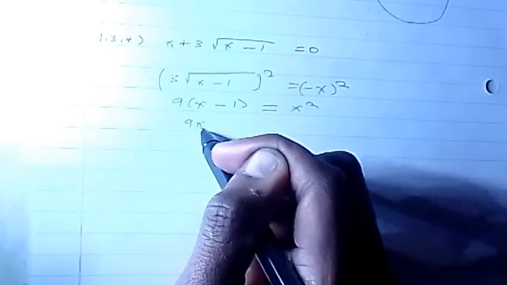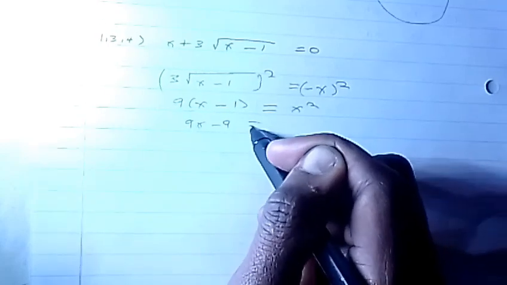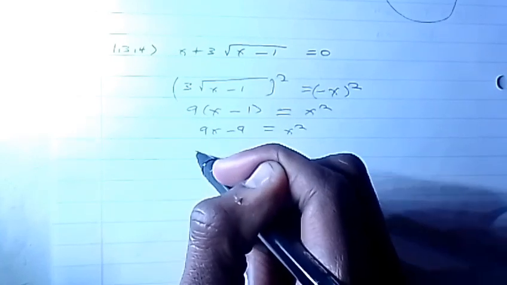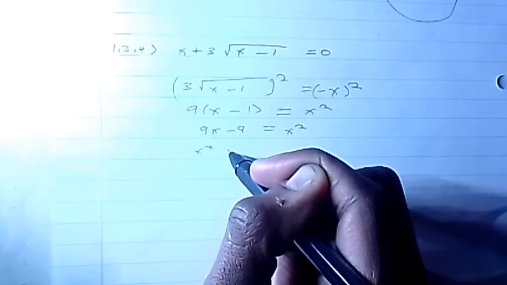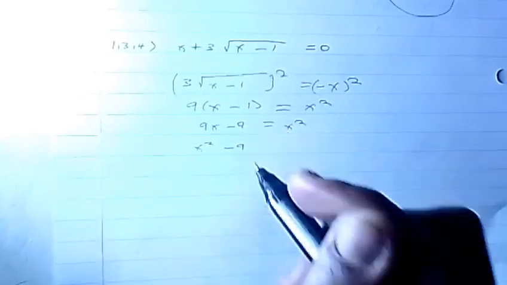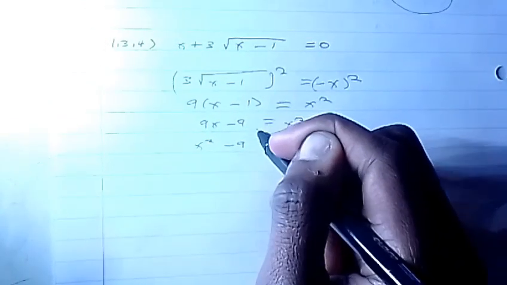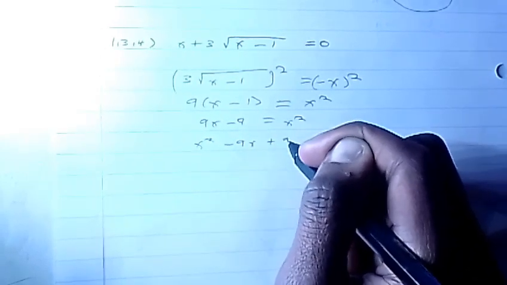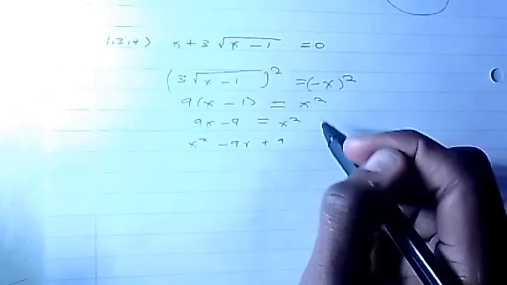So it's 9x minus 9 equals x. We take these two values to the other side, so it's going to be x squared minus 9x plus 9. And then from here we can use the quadratic formula since we cannot find the factors of these numbers.